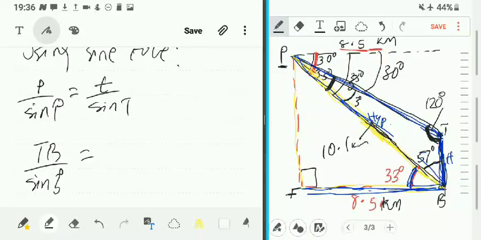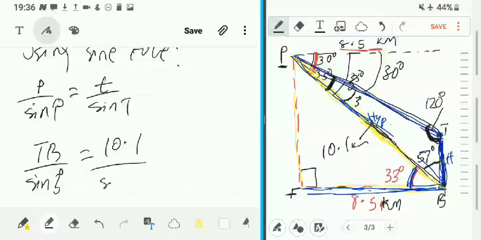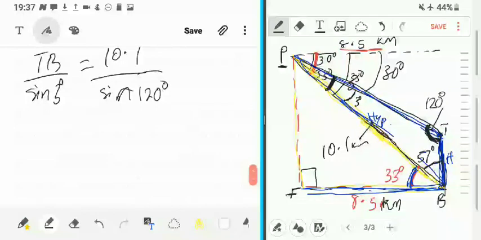This is 3 degree. Equal to small t, that's the length, 10.1 over sine T here, sine 120 degree. Please, if you've not looked at the sine video, go and check it out to understand this video fully.